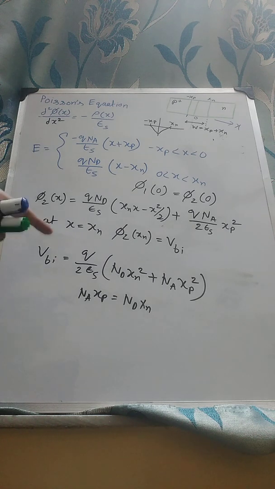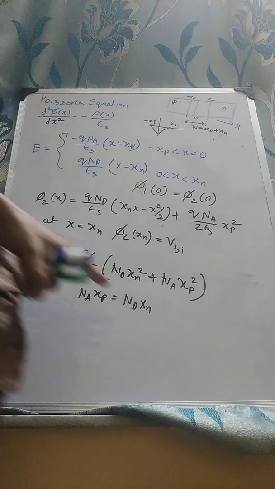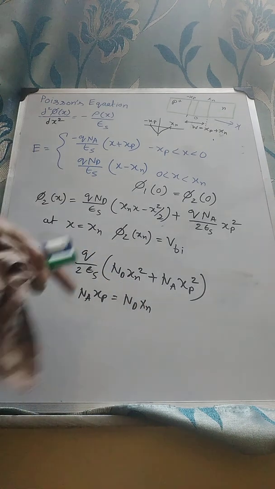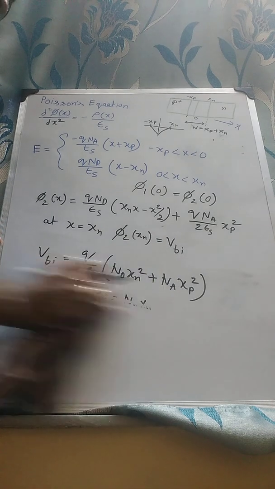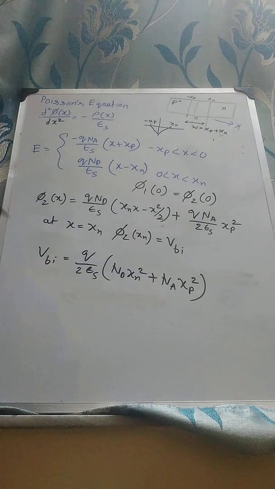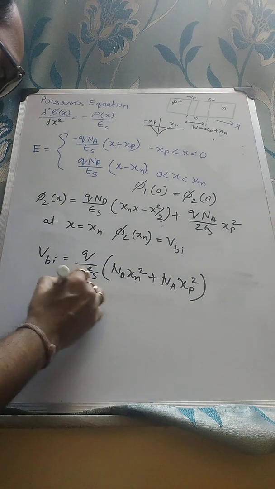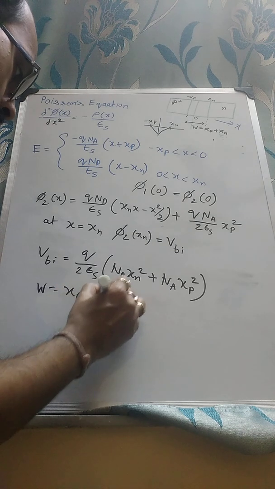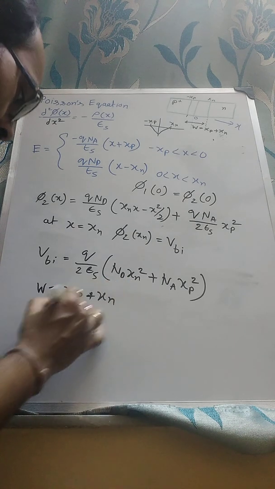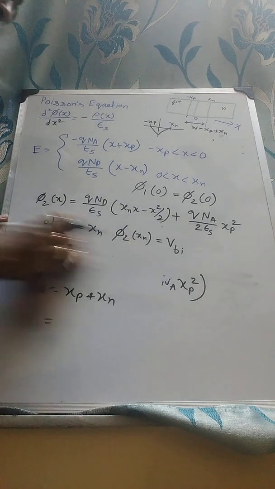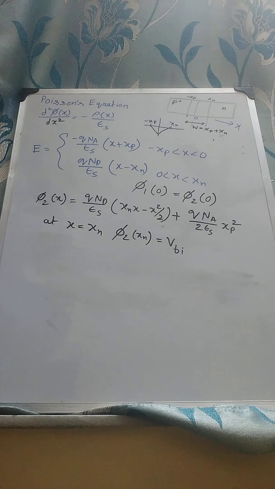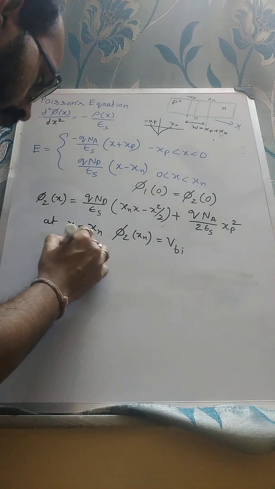Now from this, if you put xp into this, you would get the value of xn, and similarly you can find out the value of xp as well, and the depletion width W would be xp plus xn, right? And the value, let me erase this, then it will be easier for me to write and easier for you to see the result.